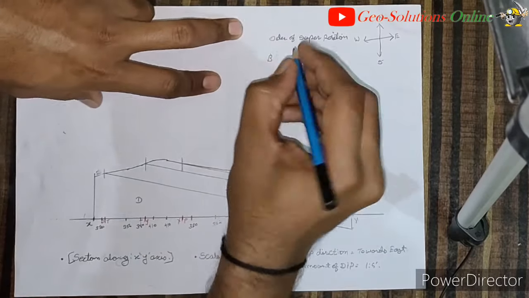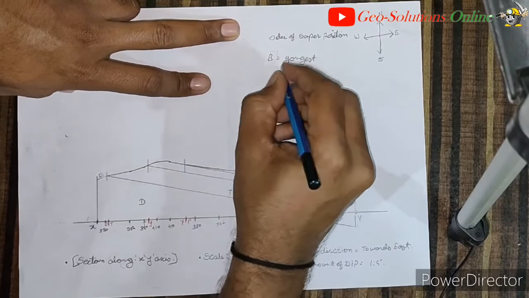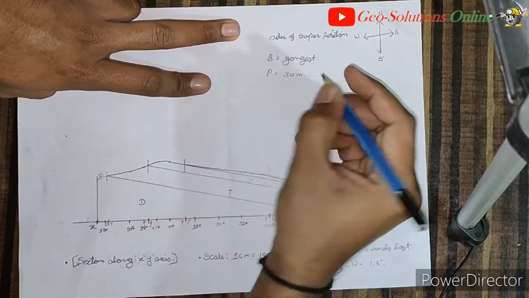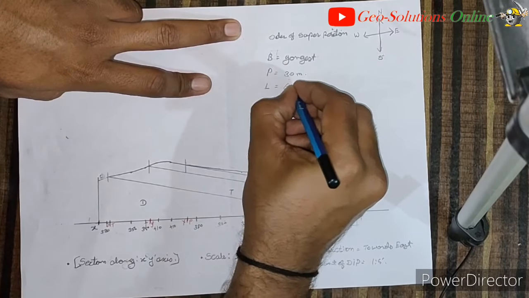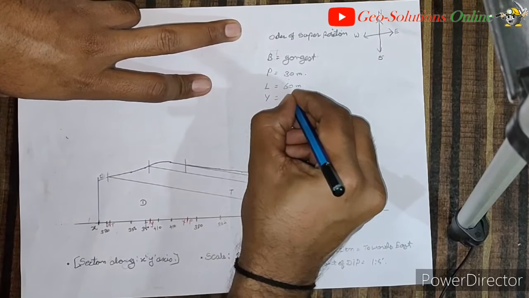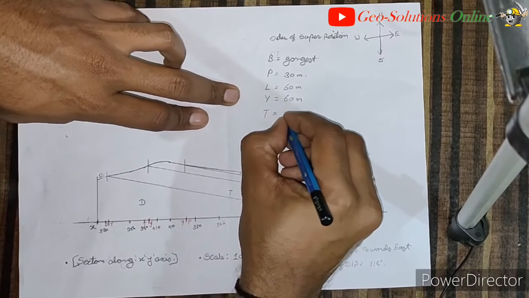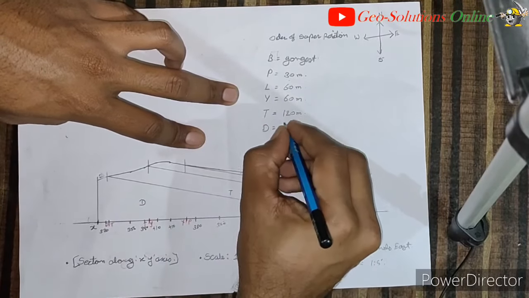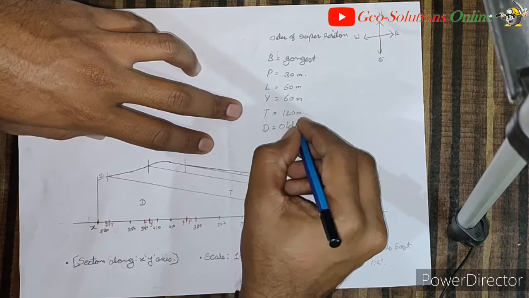Table of order of superposition. Bed B equals youngest, then bed P having the thickness of 30 meter, then bed L having the thickness of 60 meter, then bed Y having the thickness of again 60 meter, then bed T having the thickness of 120 meter, and lastly D having the oldest history, that is the oldest formation.